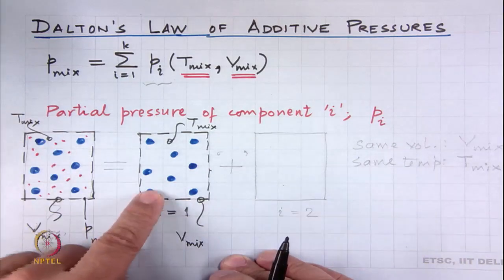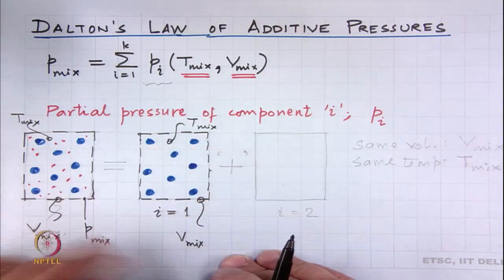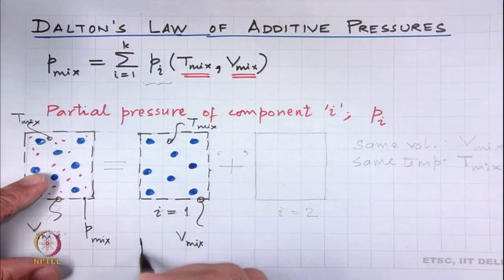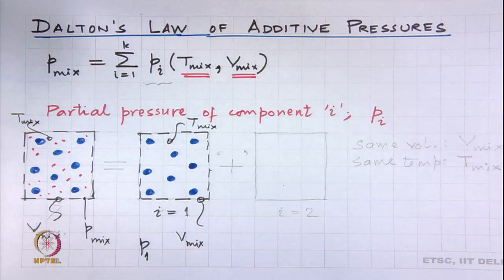Under this situation, the pressure exerted by this species is P 1, in this case say i equal to 1.